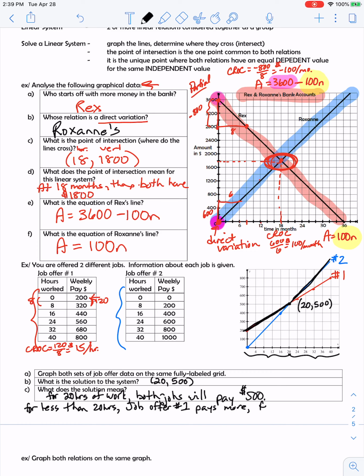And for more than 20 hours, job offer 2 pays more. But at 20 hours, right on the nose, neither job offer is better. If you're only going to work a 20-hour week, you could take either job and make the same amount of money. Okay, that's it for this video.